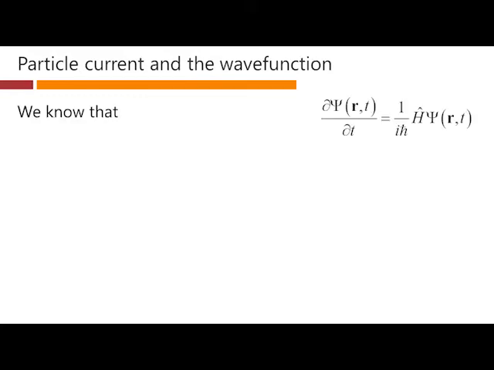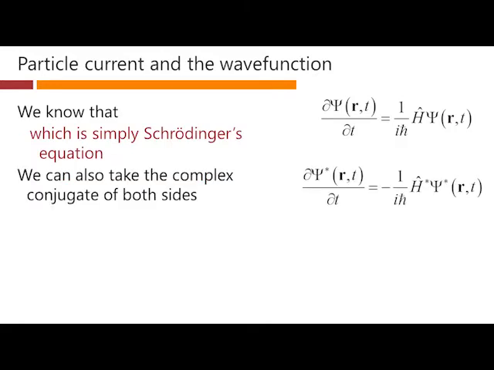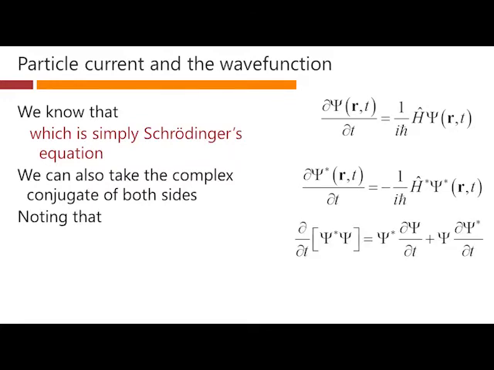Now, we know that this, of course, is just Schrödinger's equation. We've taken the i h bar from one side to the other, but this is just Schrödinger's equation here. And we can mathematically, if we want, simply take the complex conjugate of both sides. So we complex conjugate everything here. We've got a minus sign because we've got the i there when we complex conjugate that. Now, of course, the time derivative of the product of two functions like this, we can split into the usual two parts.